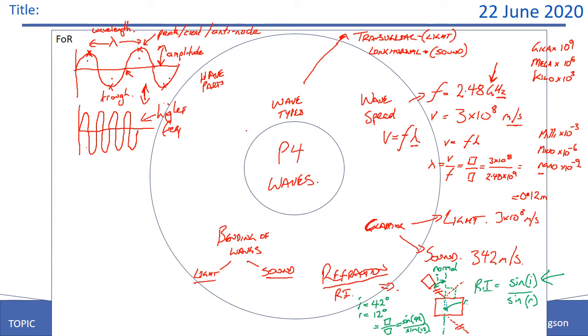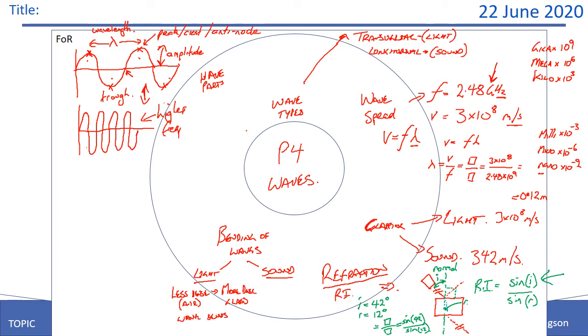If we go from a less dense, so let's go air, into more dense, so that might be our glass block. So here's my example, air, glass. The light, so the wave bends.